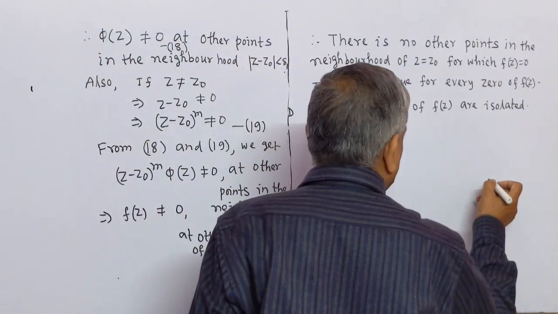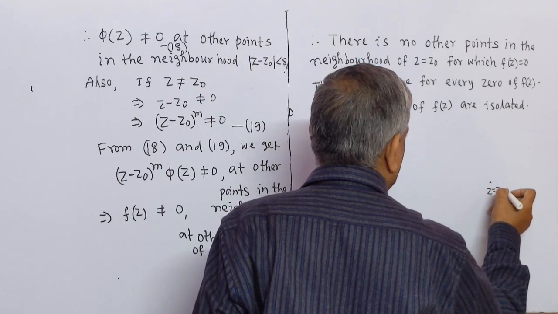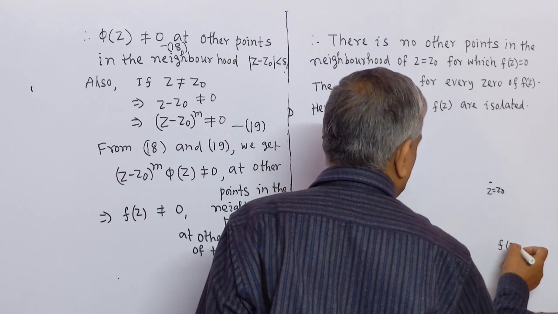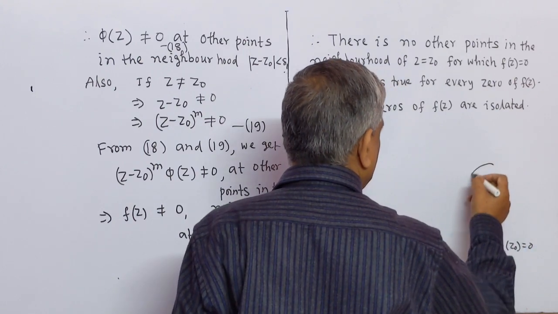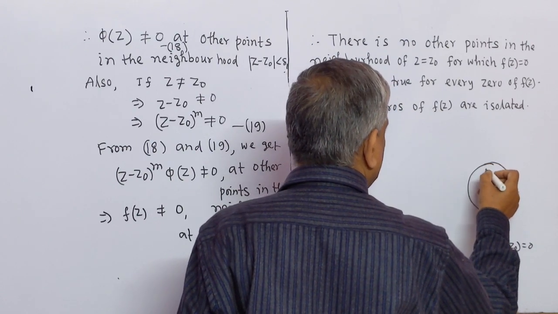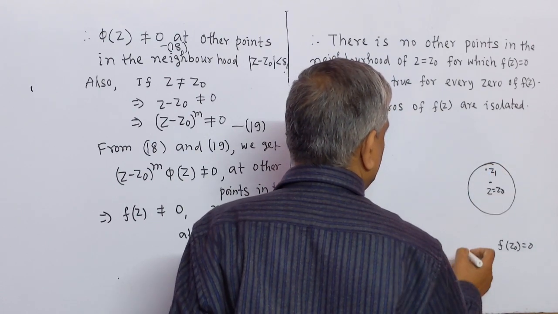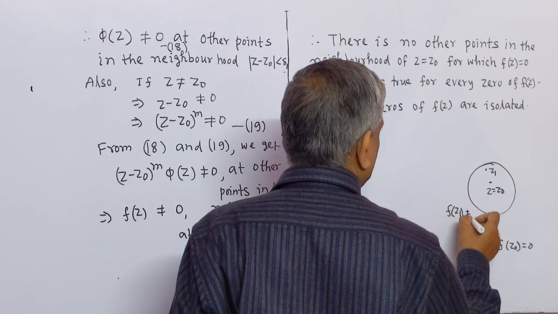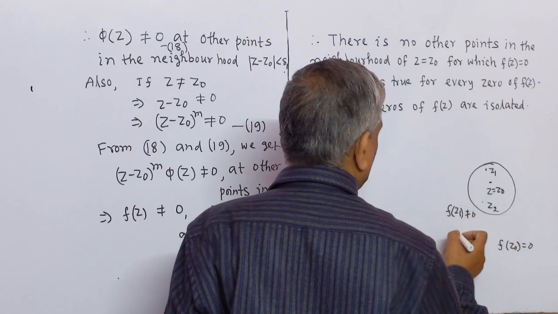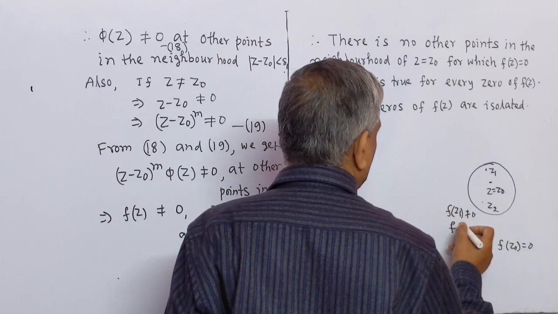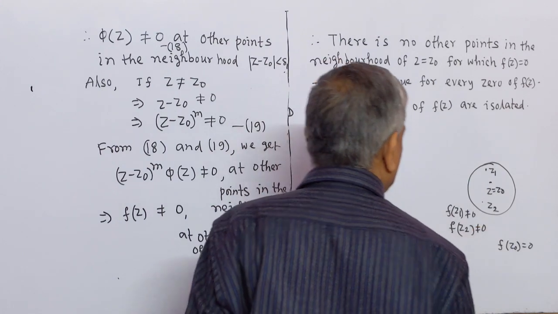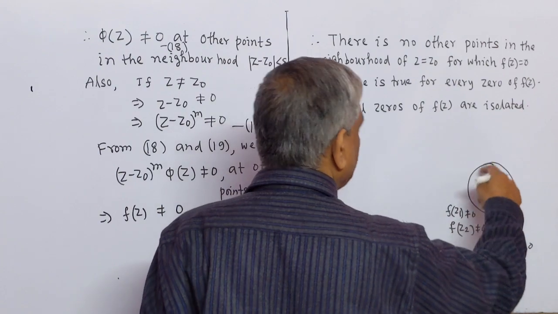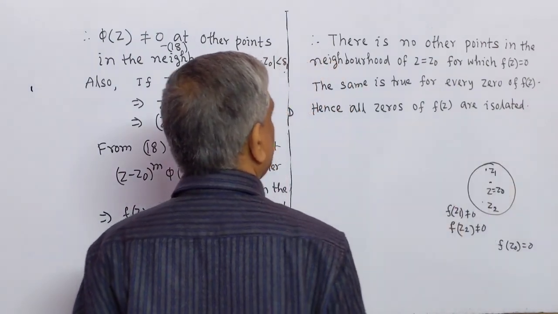That is, if z equal to z0, at this point f(z) equal to 0. But in the neighborhood, if we take any other point, let z equal to z1, f(z1) not equal to 0, here z2, f(z2) not equal to 0, means except this point, the value of the function is not 0 in other points of this neighborhood.